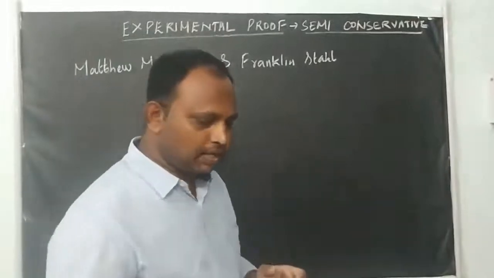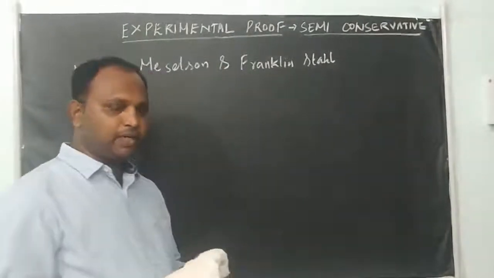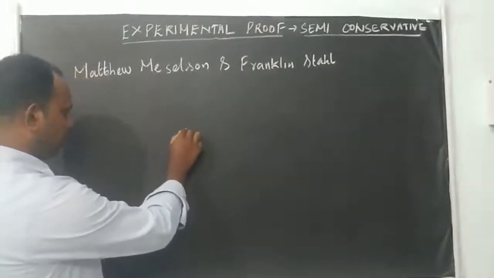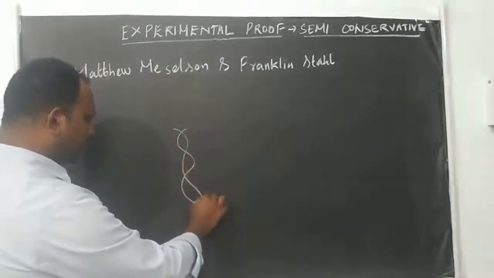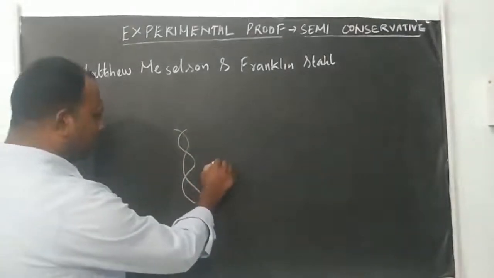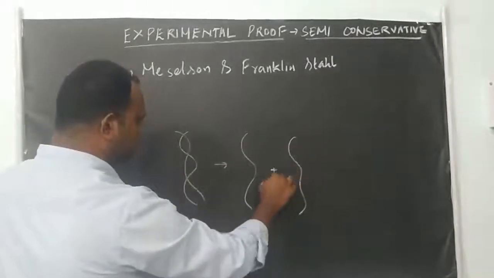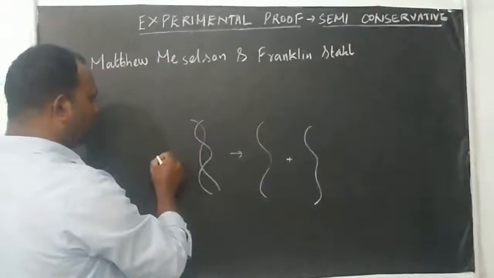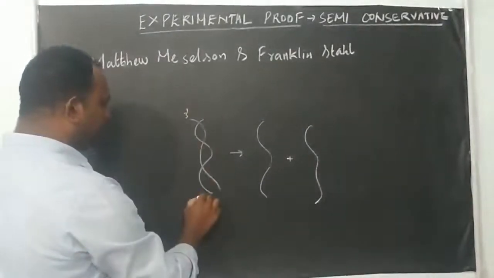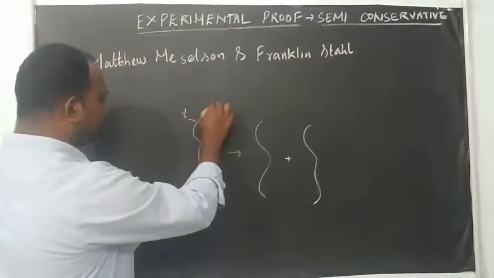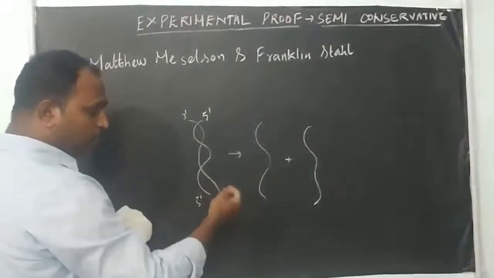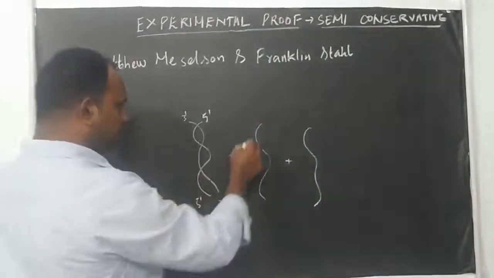Okay, see, as per the semi-conservative mode, double-stranded DNA has two strands, and the two strands separate and act as a template. If one strand is 3' to 5', the other strand is 5' to 3'. Both will separate before DNA replication.